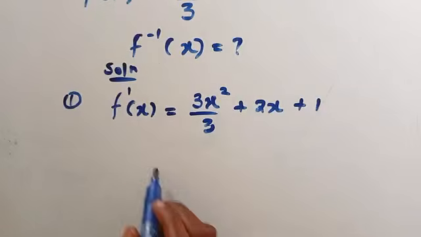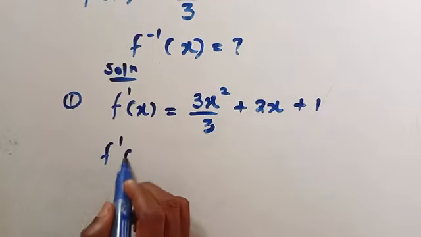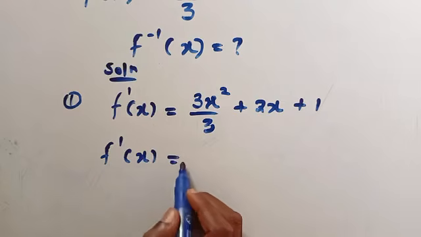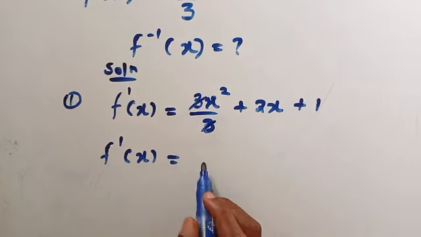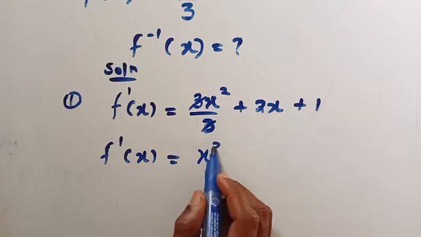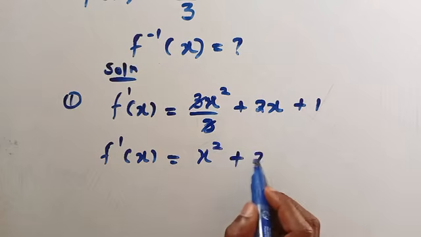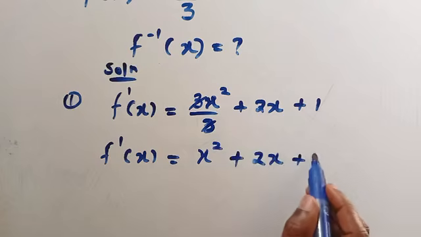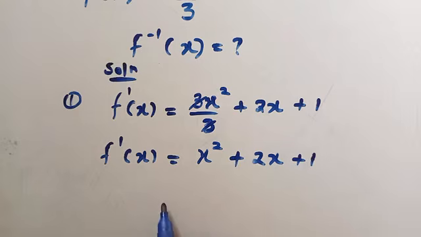When 3 cancels 3, we have x squared plus 2x plus 1. Here is the derivative of the function.